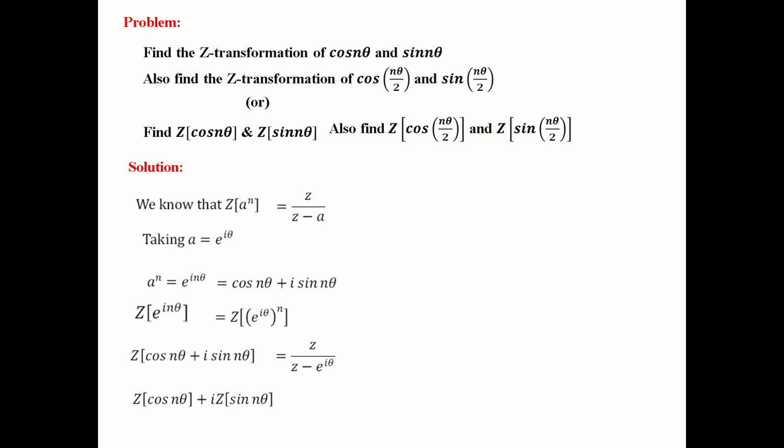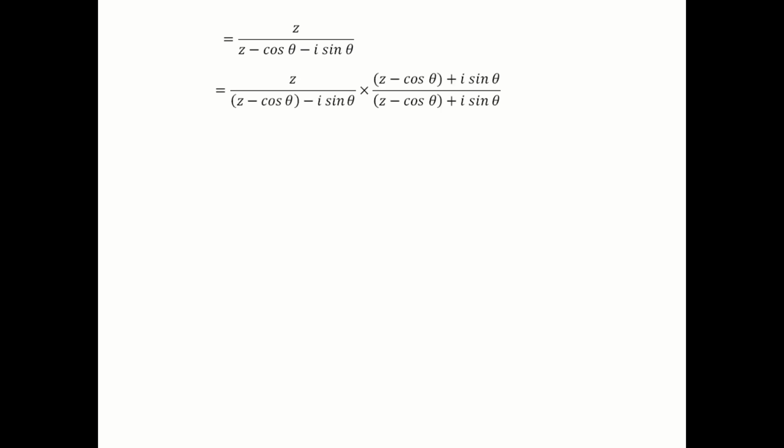Separating the Z transformation for each term on the left, Z of cos nθ plus i Z of sin nθ. On the right hand side, we use De Moivre's theorem for e^(iθ): z by z minus (cos θ plus i sin θ). Taking the minus inside the denominator, z by (z minus cos θ minus i sin θ).